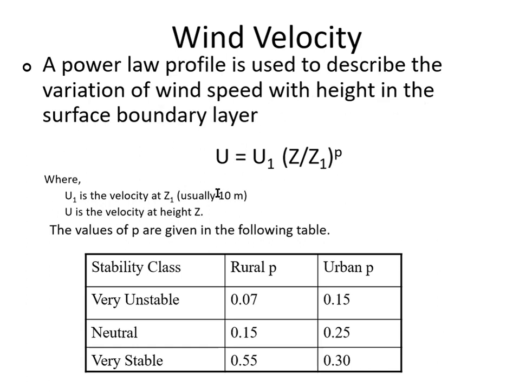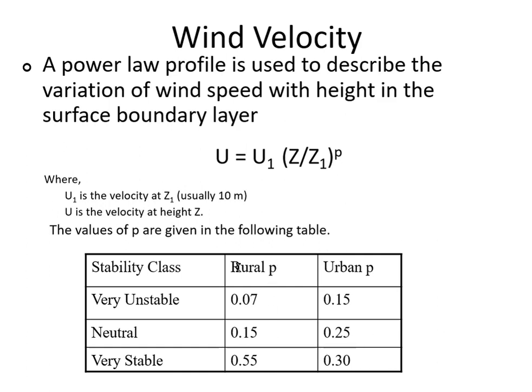For example, you can calculate u, which is the velocity at any elevation z, where u1 is the velocity at 10 meters. z1 is the reference elevation, generally 10 meters, and z is any elevation. Then you can use the known velocity to find out what the velocity will be at that elevation.